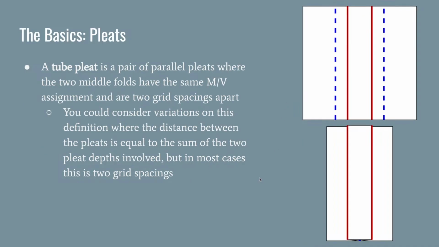And another thing that I commonly talk about with pleats is a tube pleat, and you can kind of see at the bottom of this drawing that those valley folds end up meeting at the back. You can look at a tube pleat from either side of the paper and it's still a tube pleat.